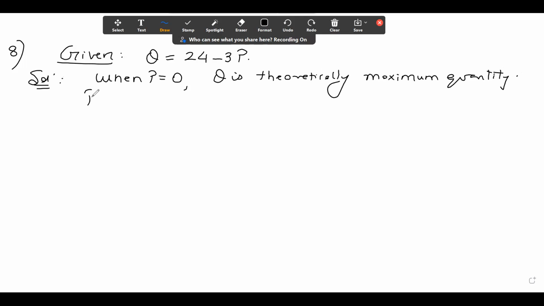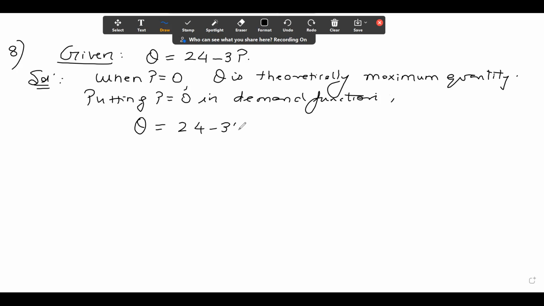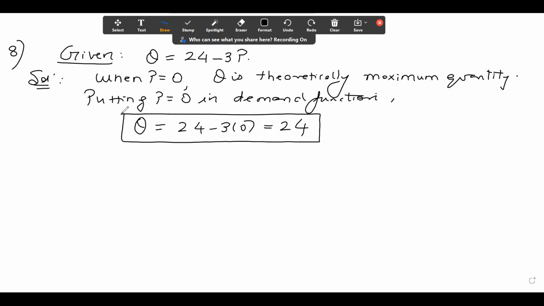So I can write, putting price equal to 0 in the demand function, I get Q is equal to 24 minus 3 into 0, which is 24. This is the theoretically maximum quantity.